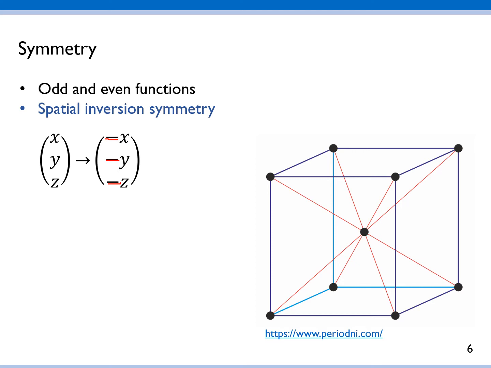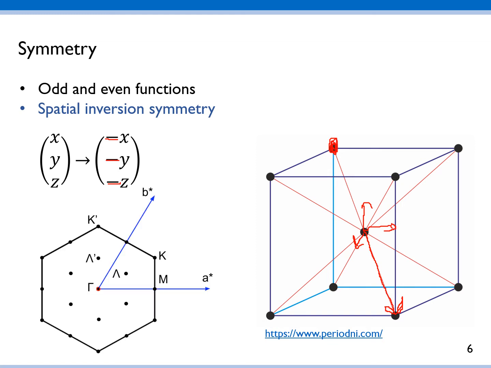If we have a crystal with spatial inversion symmetry, for example, this body-centered cubic cell here, and we introduce a coordinate system like this, and let's say we go in one direction from 0 here, then under spatial inversion, if we invert this vector, we are expecting to find the same atom on the other side. And that's what we actually do find.